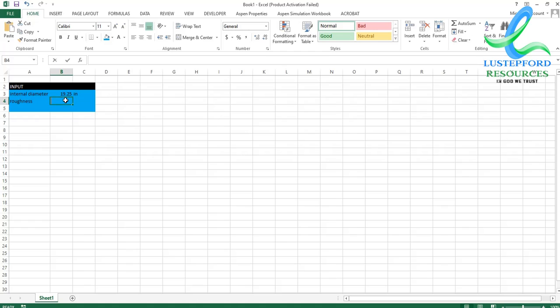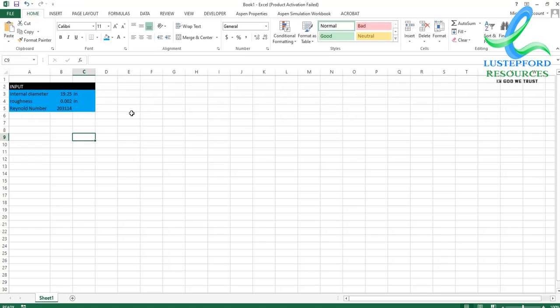Then this is 0.002 inches. Now we have the Reynolds number. The Reynolds number we got was 203114. This one is dimensionless.